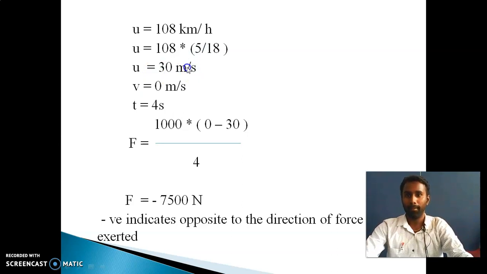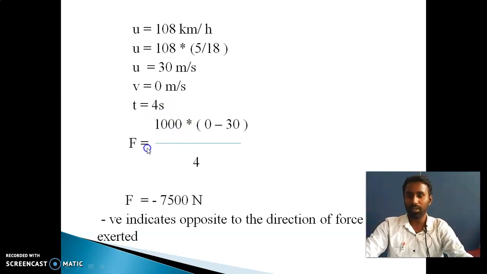Okay. Next, the brakes are applied, right? So the brakes are applied means V equal to 0 meter per second. In that case, t equal to 4 seconds, they mentioned. So force equal to ma, right? That's the formula. I didn't mention it here because in the previous problem I said it, but when we are solving the problem, you have to write that equation.